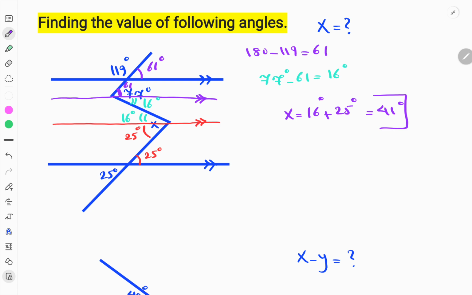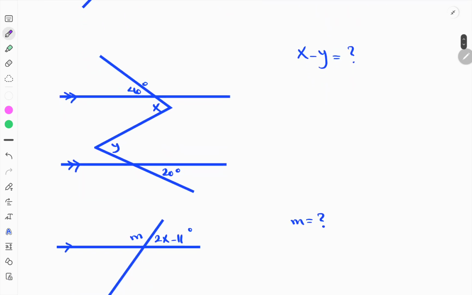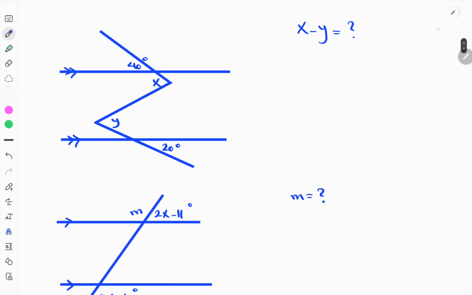Okay, the next question is here, but for this question we don't need to find the value of x or y, we just need to find the difference of these two angles. Okay, what can I do?